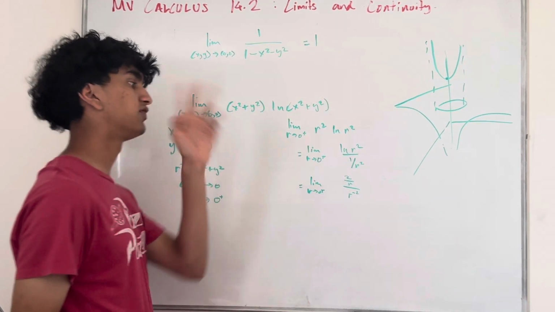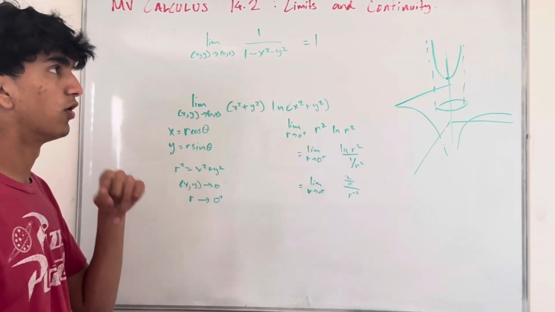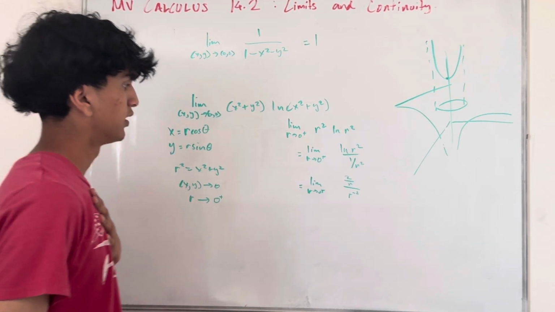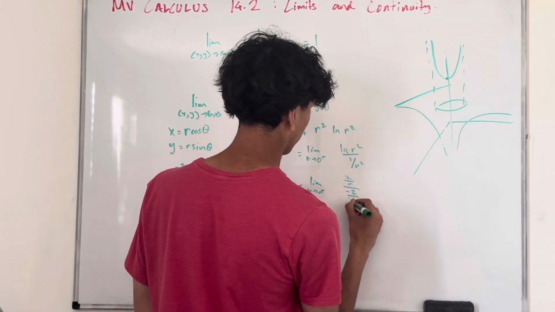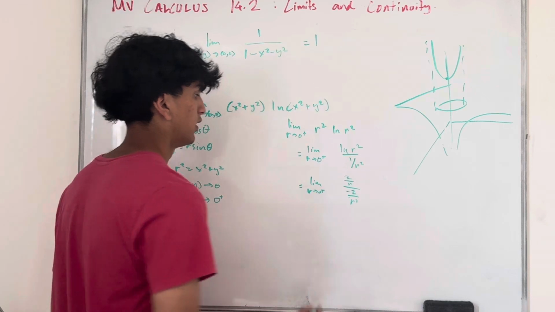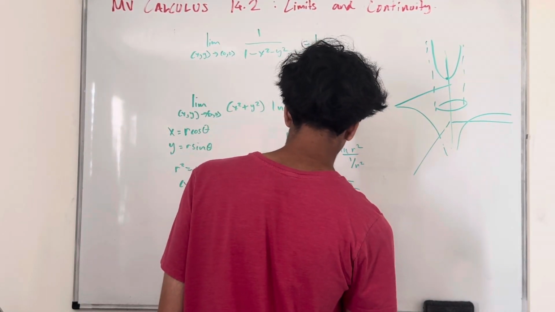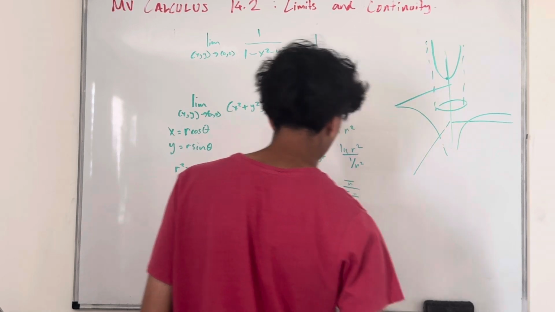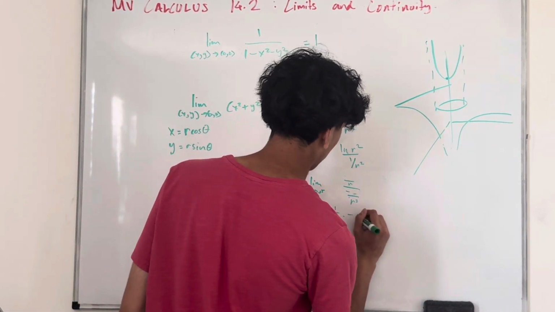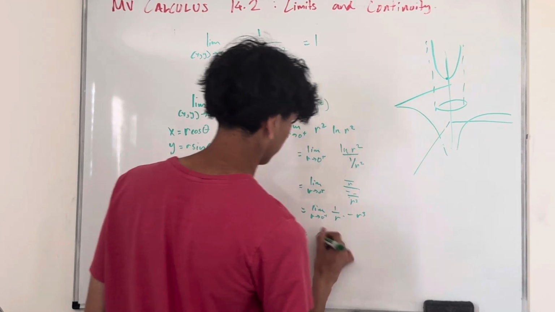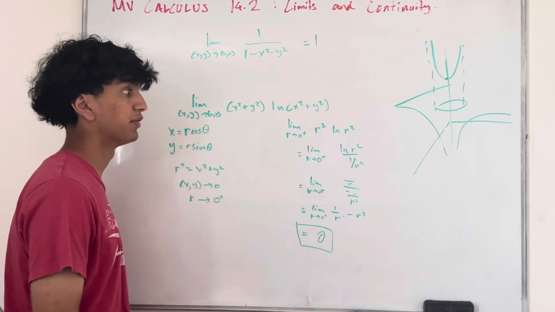So put the negative 2 in front, and then I get 1 over r to the negative third. So I get negative 2 over r to the third. I can cancel out the 2's if I'd like, but I get the limit as r approaches 0 plus of 1 over r times its reciprocal, negative r squared. This would end up just equaling 0. I would end up getting 0 from this limit.